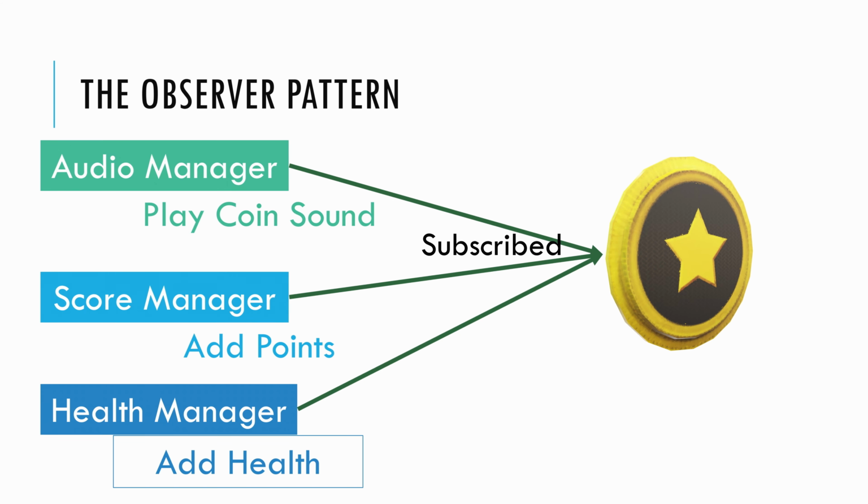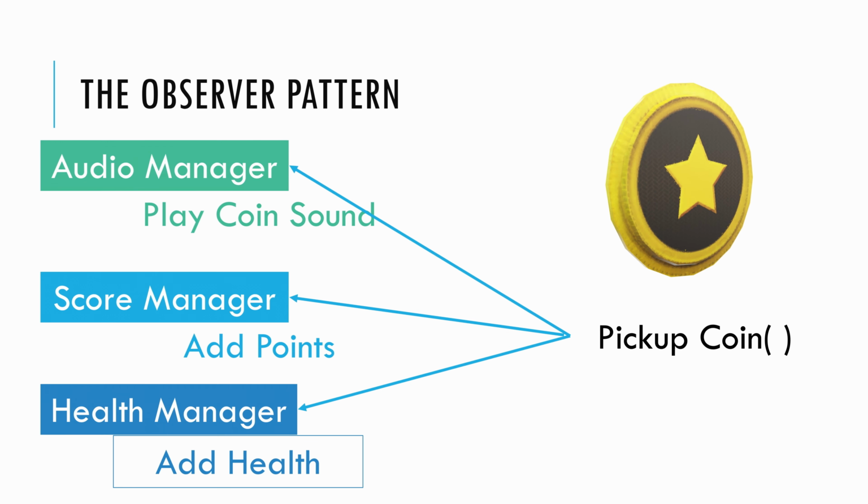So if we have our audio manager, score manager, and health manager, and they're subscribed to whatever handles coins, right? They subscribe, then the coin manager can broadcast and say, hey, picked up a coin. And then the audio manager can hear that and play a sound. Your score manager can hear that and add points.